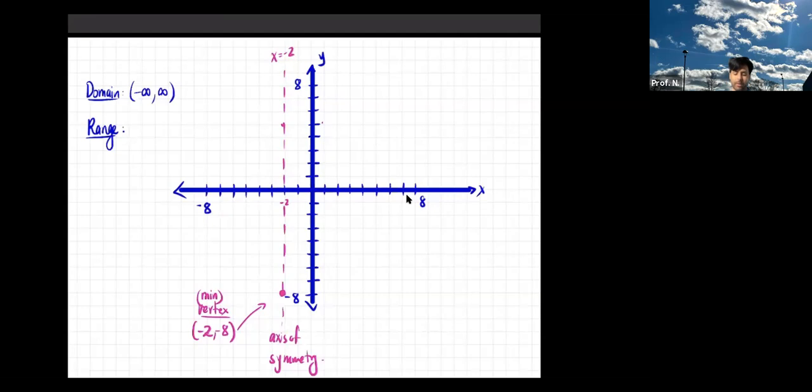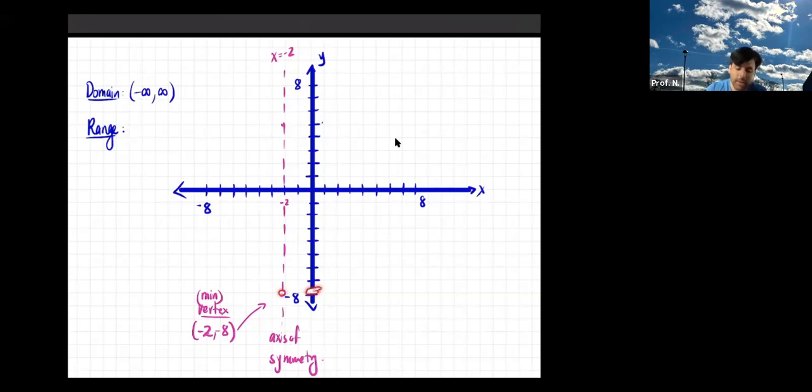How would you express it? Anybody have an idea? Remember, the range only deals with the y value.